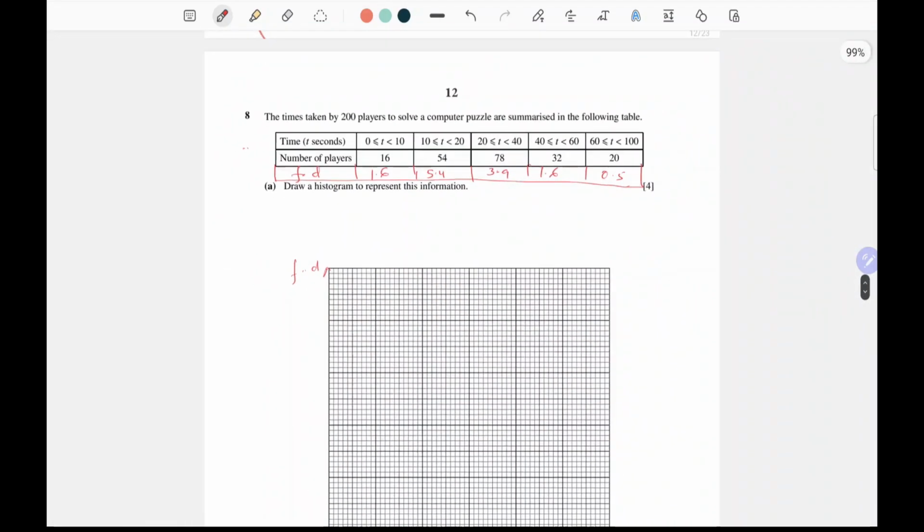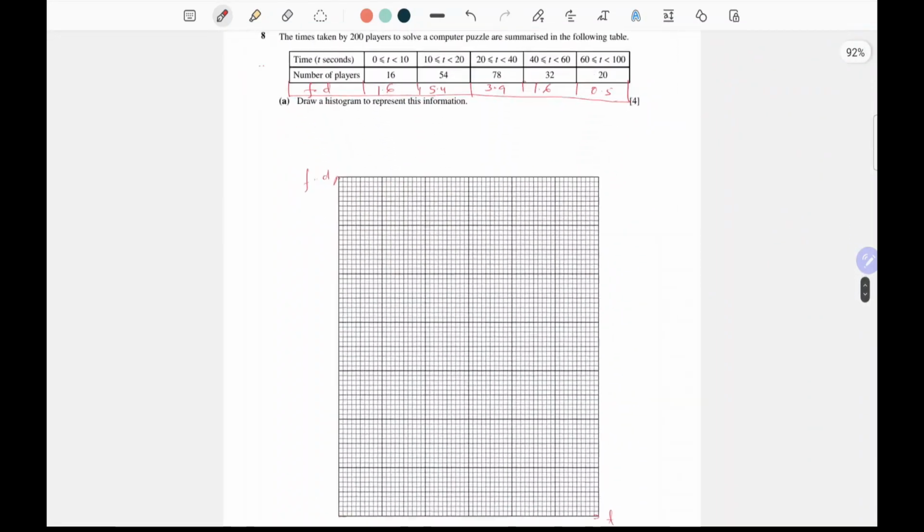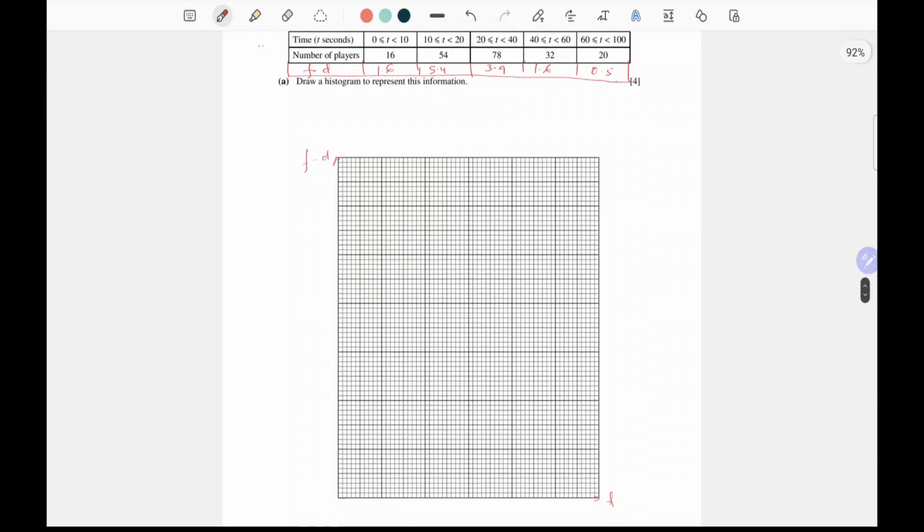So let's try to draw this. This is, guys, 0 to 10, so till 100, right? So 10, 20, 30, 40, 50, no, so I think this one. So guys, this is 0, this is 20, this is 40, this is 60, this is 80, and this is 100, right?